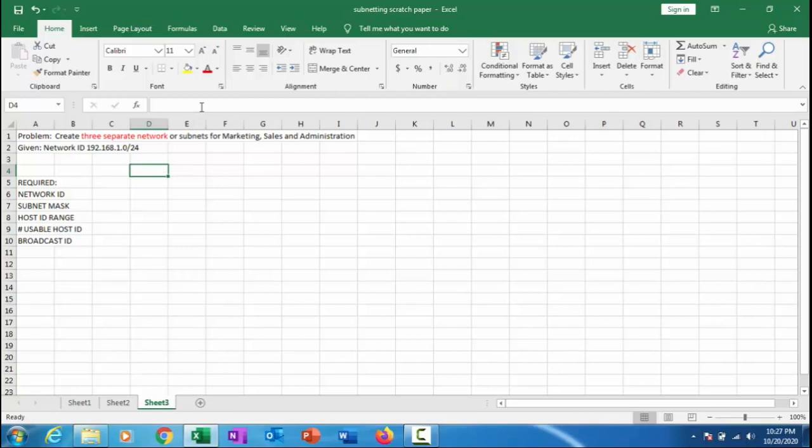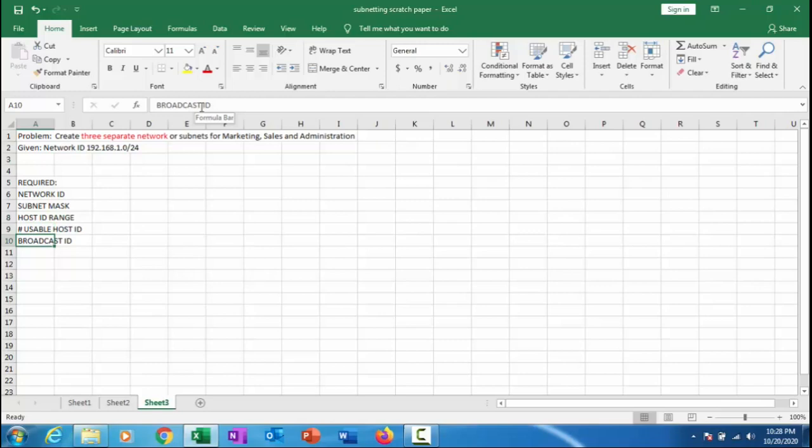Going back now, given this network ID, what is required is that for each of the three networks, we're going to provide the network ID, the new subnet mask, the host ID range, which is the range within the network, and the usable hosts that can be distributed to computers, laptops, or any other IPs except for the network ID and the broadcast ID.